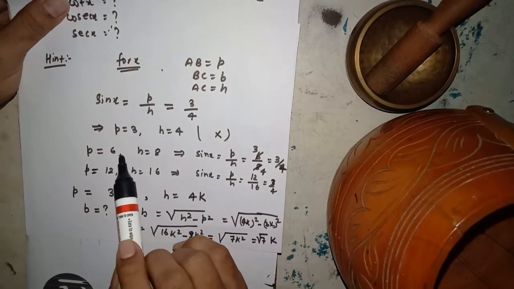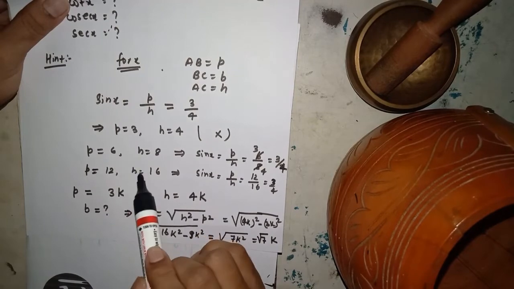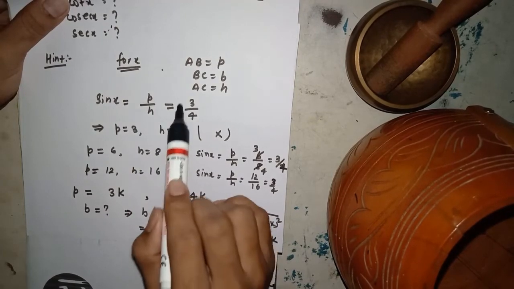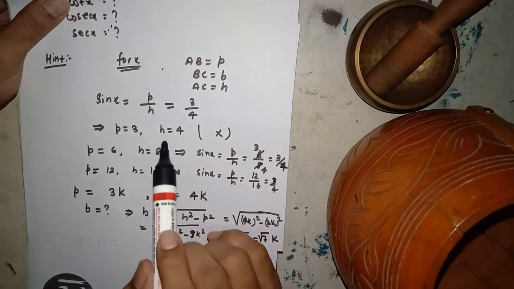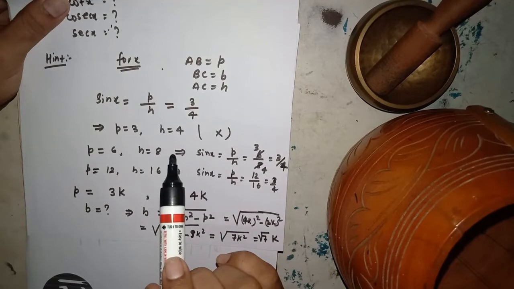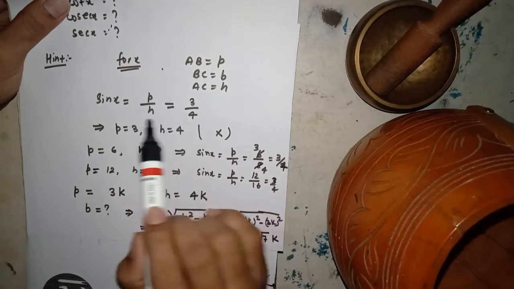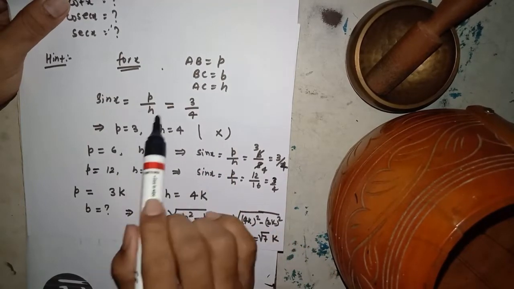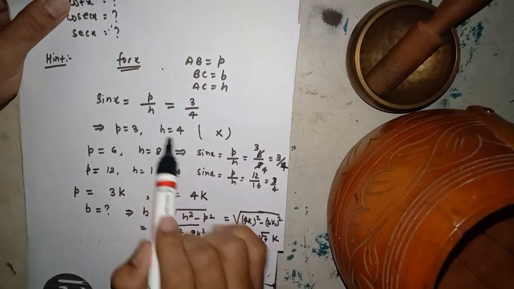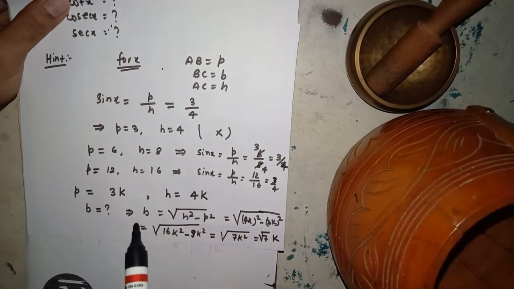It means there are infinite number of values P can take and H can take for the same simplest value 3 by 4. So in the concept we take the ratio value as y, and then we say that P is 3y and H is 4y. So we cannot take P equal to 3 and H equal to 4. It must be wrong. Are you getting my point?